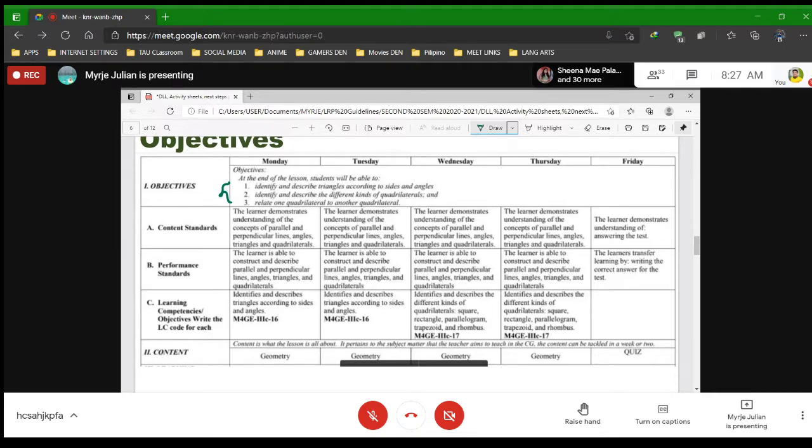But when I saw this one, which is the identify and describe, tinignan ko muna kung ano ba yung learning competency assigned. So dito, yung learning competency assigned, nakasulat nga naman na identify and describe. So, I somehow accepted this because of the learning competency assigned.